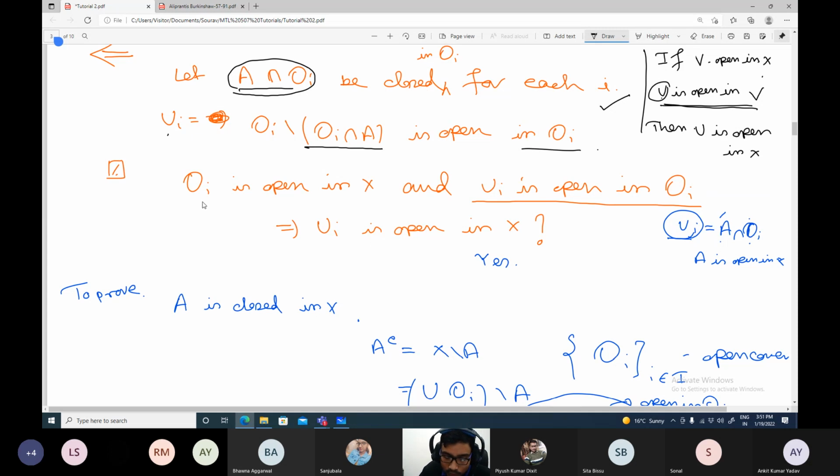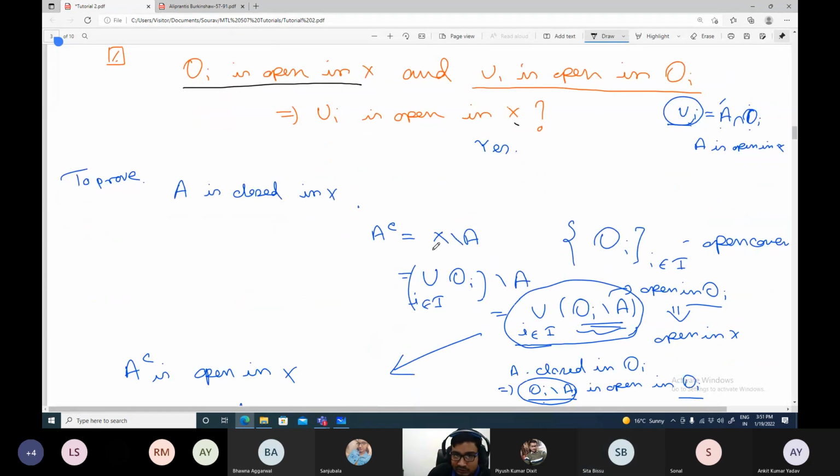Is it clear that U_i is open in V and V is open in X, and this together implies U_i is open in X? Is it clear to you? Yes, sir.